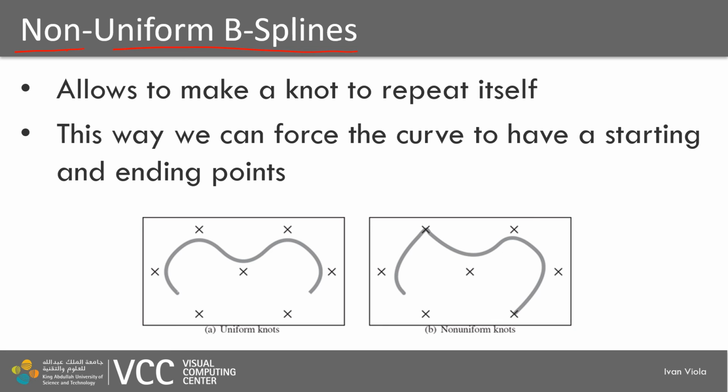The order of the nodes only has to be non-decreasing. So we can often have nodes which will have the same value, and that will lead to a repeating knot, with which we can achieve something like the interpolation property, meaning that we can go through a point because we can force it by doubling the knot for that point.